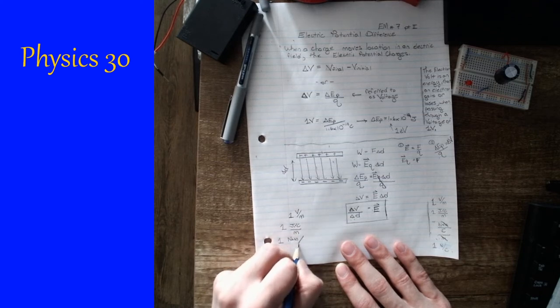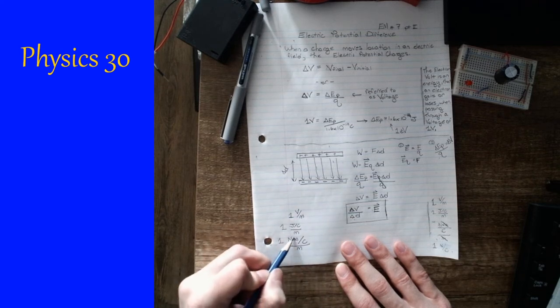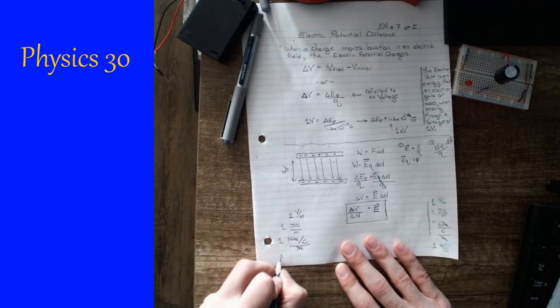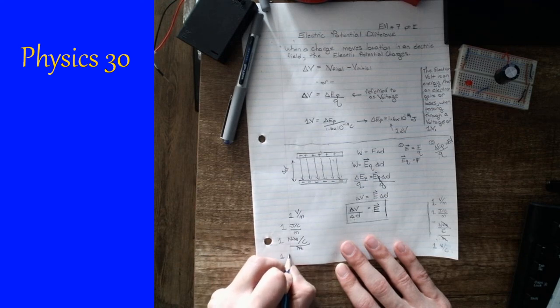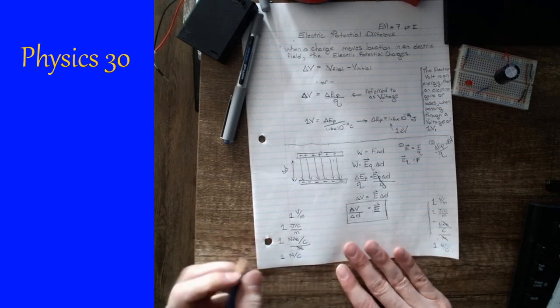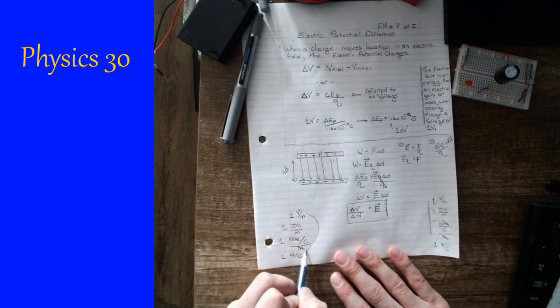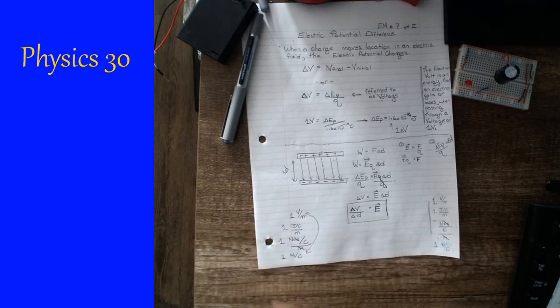So joule per coulomb per meter. This cancels, and we get a Newton per coulomb. So these two things are equivalent. It's good to note that 1 volt per meter is also the same as 1 Newton per coulomb.